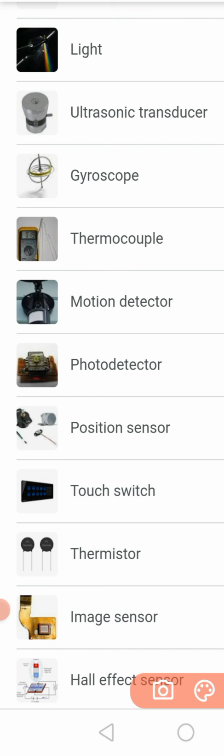Thermistor is the next one. It is a temperature detector, again just like a thermocouple or a thermometer. It is a kind of sensor that changes its resistance value in response to the change in the surrounding temperature. Next is the image sensor.